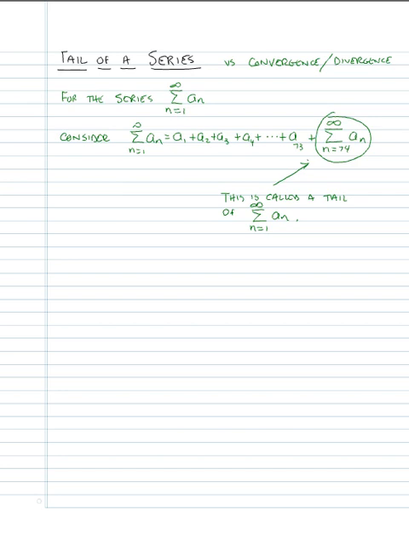Now here's the issue. The convergence or divergence of a series is the same as the convergence or divergence of a tail. That is, if this sum from n equals 74 to infinity converges, then the whole series converges, because outside of that infinite sum, we're just adding a finite number of terms.